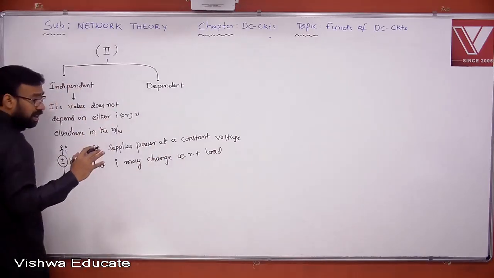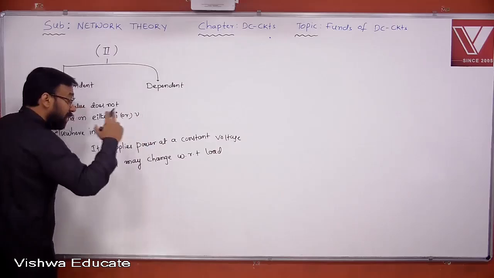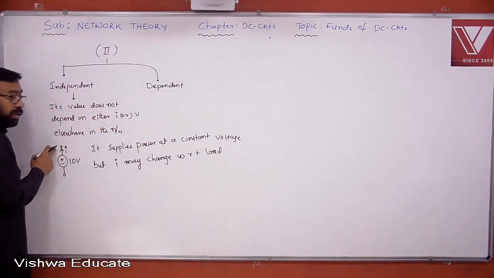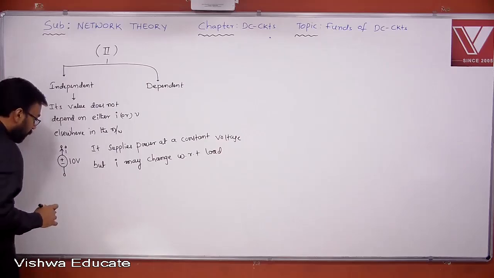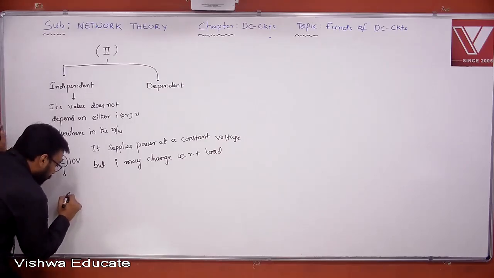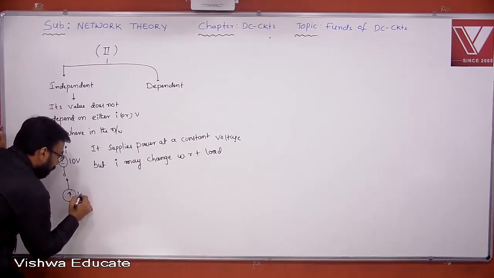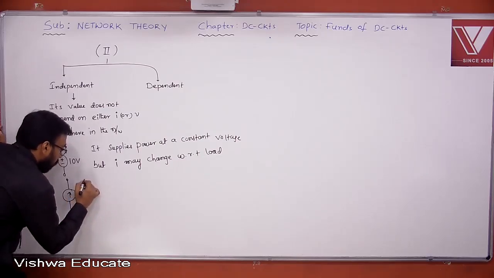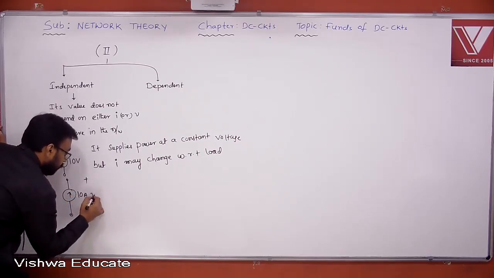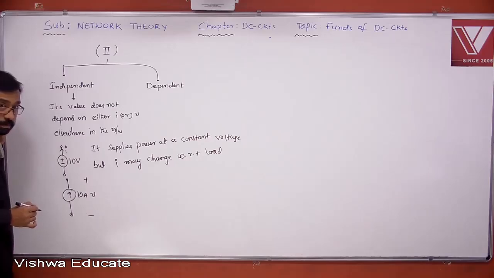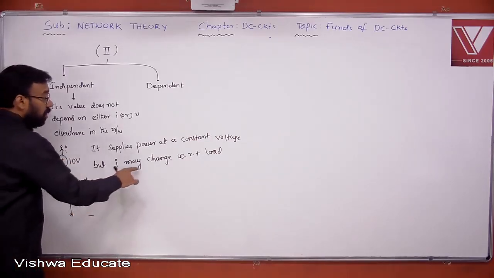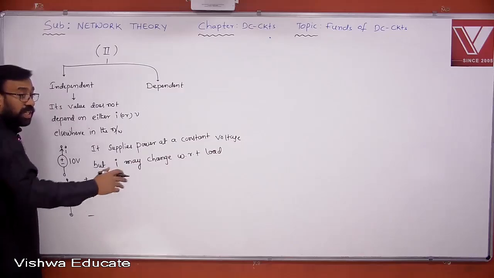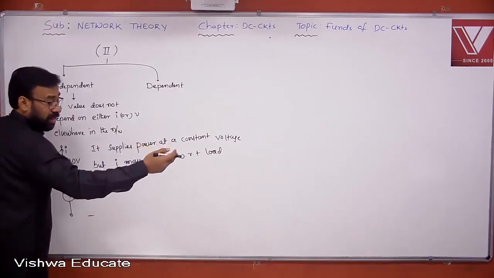Any changes that may occur in the load, that directly reflects on what? The current delivered by the voltage source. Okay. Now, hope you can understand. Now you can easily write the current source similarly. 10 amperes means 10 amperes. But the voltage V, it may again change, okay, with respect to load or with respect to any changes that may occur in the network.